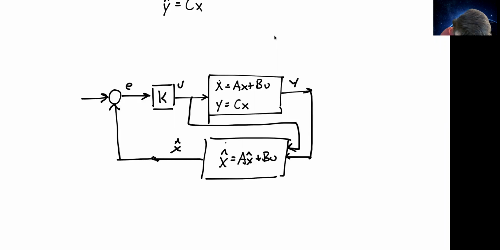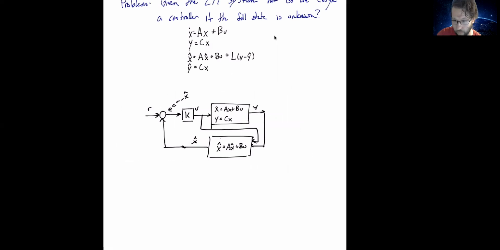So this is our error, equal to our reference minus our estimate. Instead of our state, now it's our estimate. So this is what a typical block diagram would look like with your observer and your control system design.